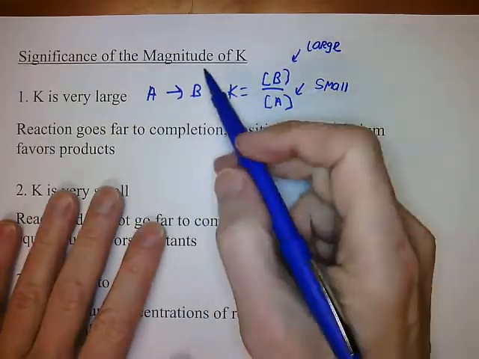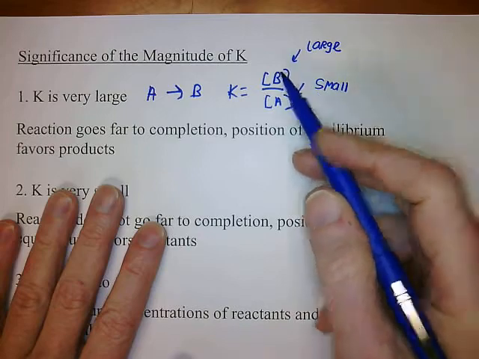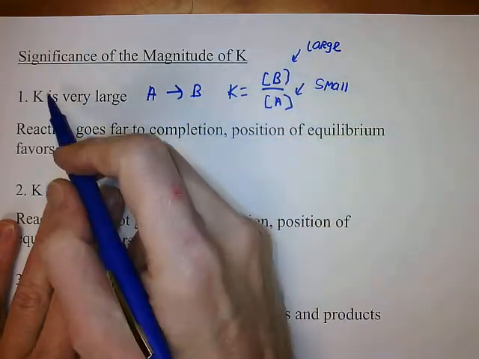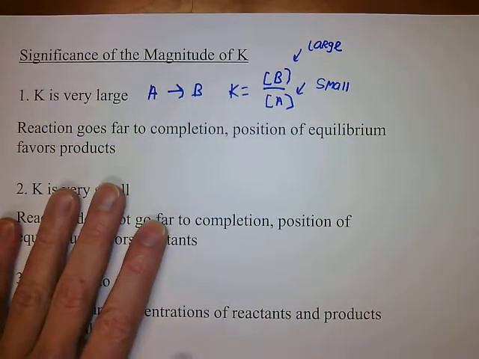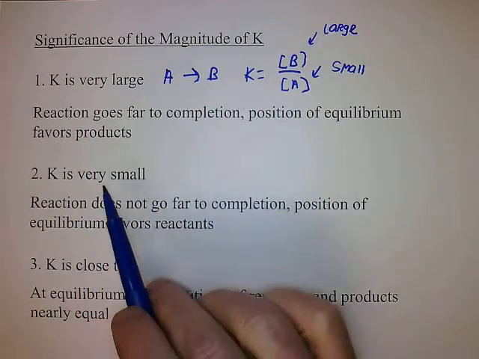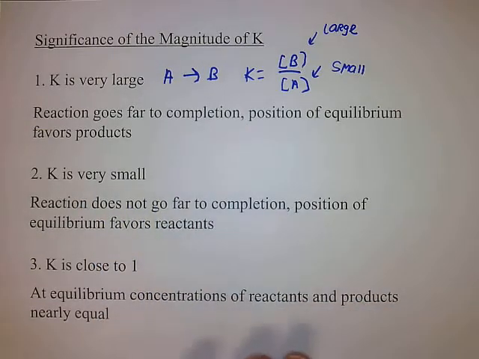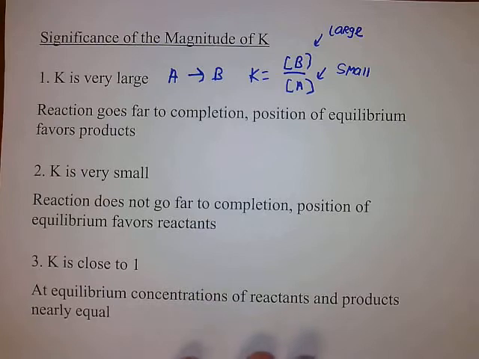So you can see, by the way we're setting this up as products over reactants, the further the reaction lies to the right, the bigger the K is going to be.